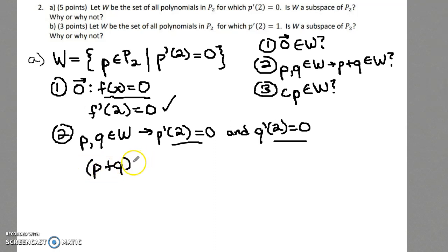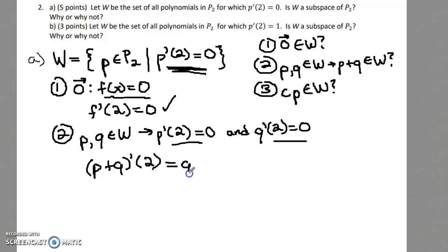It kind of goes without saying that the sum of 2 polynomials of degree less than or equal to 2 will be a polynomial of degree less than or equal to 2, so I wasn't expecting that you would all necessarily prove that. The real condition that we need to verify is this added condition: is the derivative at 2 equal to 0?